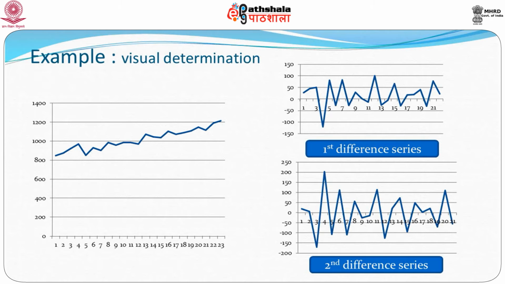So, in this case possibly d equal to 1 is good enough to get rid of the non-stationarity. But as I said, visually it may be a little difficult initially to identify how many differencing we need to do. We can see that with differencing we are getting rid of trend, but how many differences are needed may not be so readily understandable.